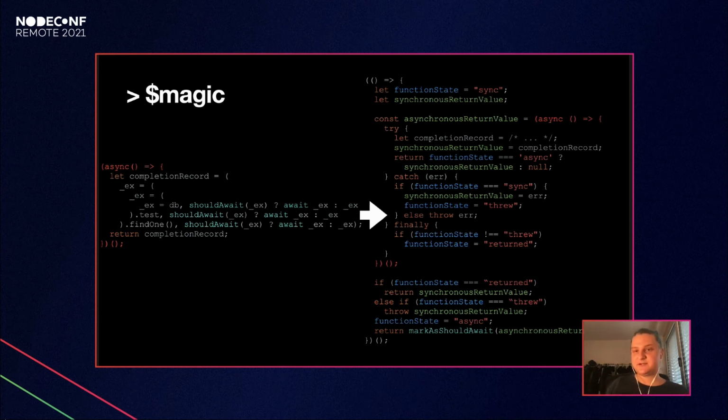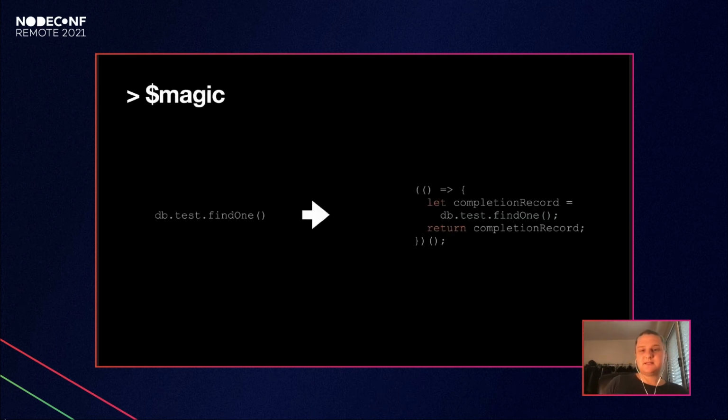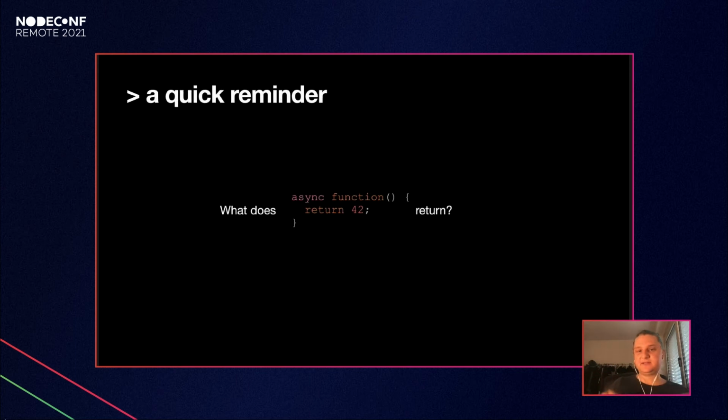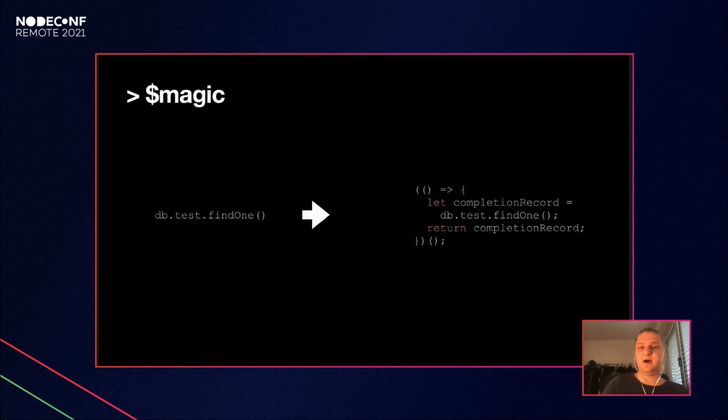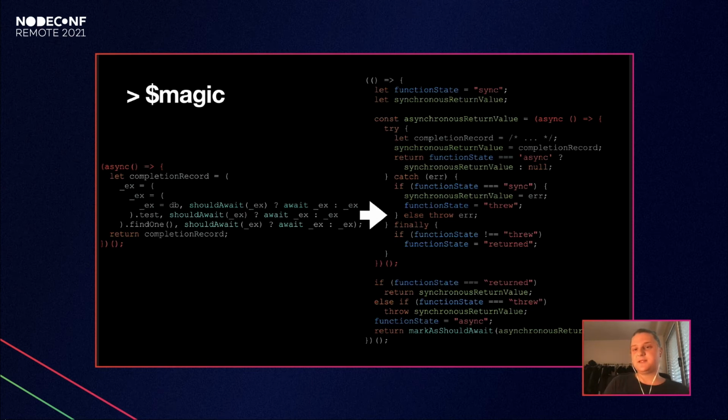And if it returns asynchronously, make it return asynchronously too. So basically something that takes this code, async function return 42, and wraps it so that the wrapper function also returns 42 immediately and not only as a promise.